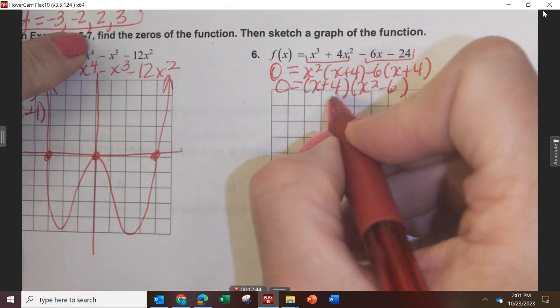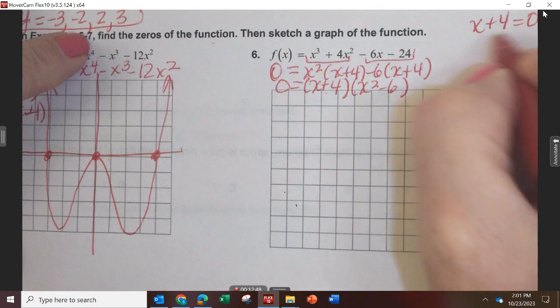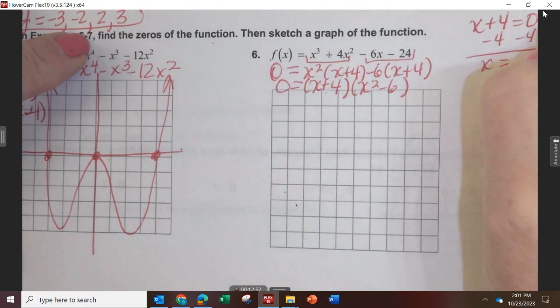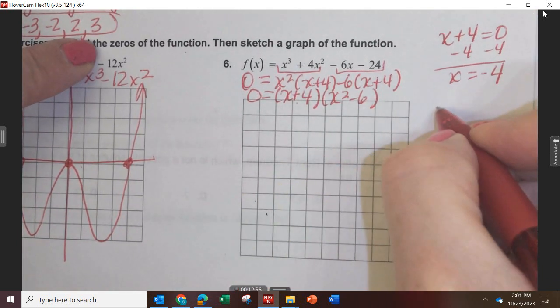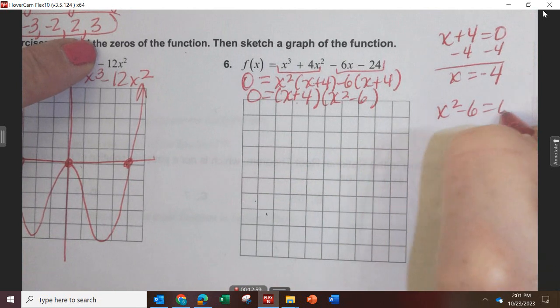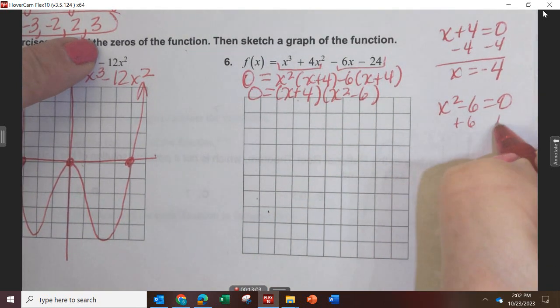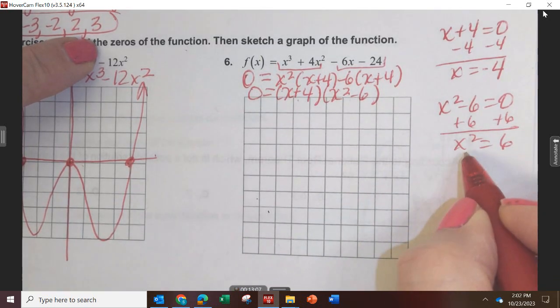So all I can do is set this equal to 0. What's the solution on that? -4. And then I just have to set this equal to 0 because I can't factor it any further. So then I have to add 6, x squared equals 6. How do I get x by itself?